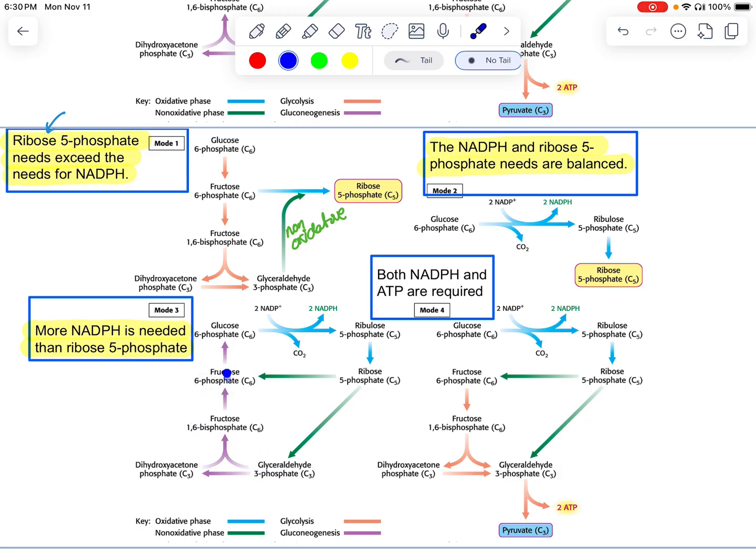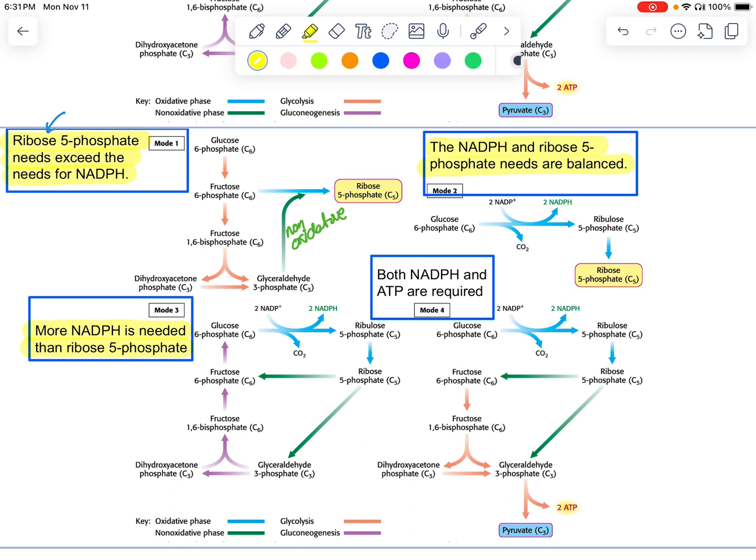So we can essentially recycle those carbons back up to glucose 6-phosphate and do this again so we can get more NADPH. An example when you might have this situation might be in your liver cells when you're synthesizing fatty acids. So you don't need the ribose. We're not synthesizing nucleic acids. But we need a lot of this reducing power because we're essentially storing up energy in these fatty acids. Okay, cholesterol synthesis also requires quite a bit of the NADPH.